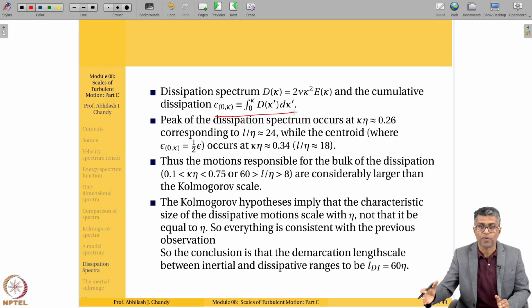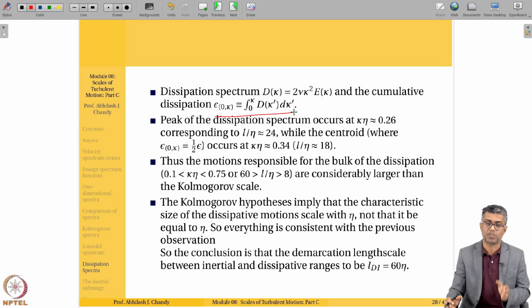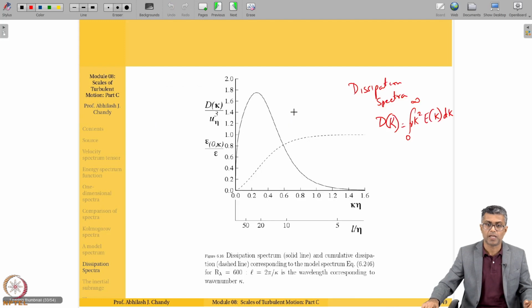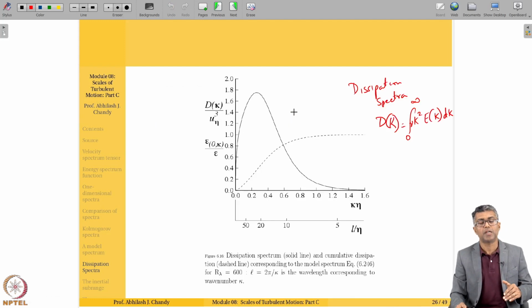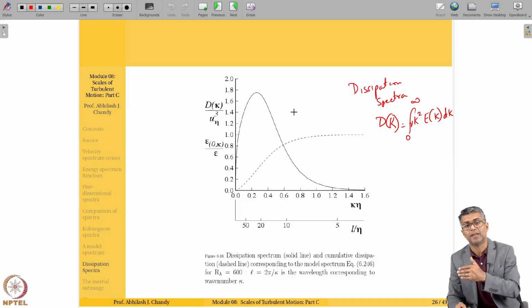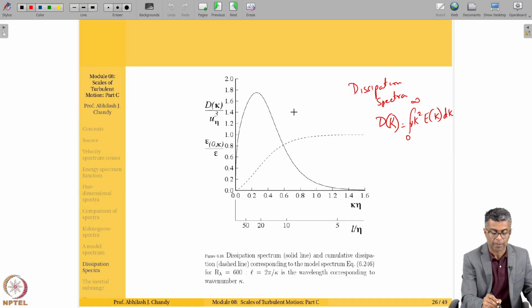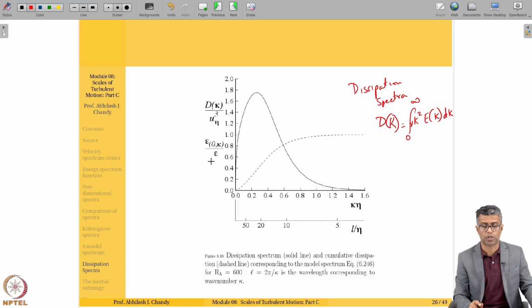That's the cumulative dissipation. Now obviously, because of the way it is calculated, it will go to 1 eventually, and that is what is happening. This cumulative dissipation is normalized with epsilon, which is the total dissipation.